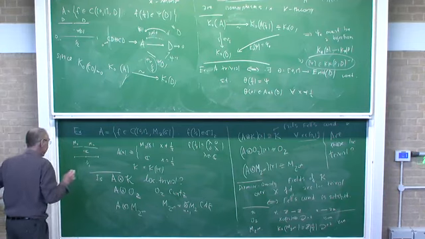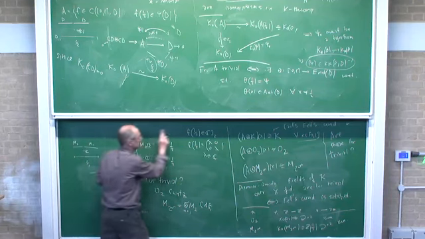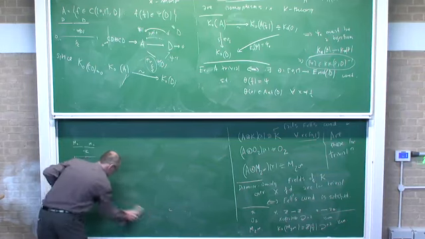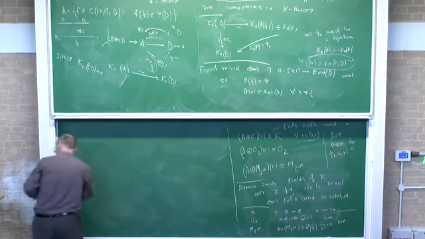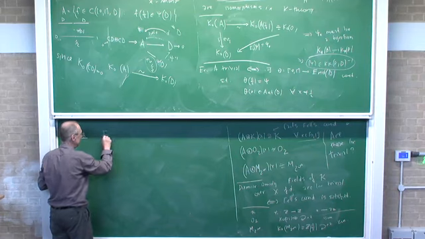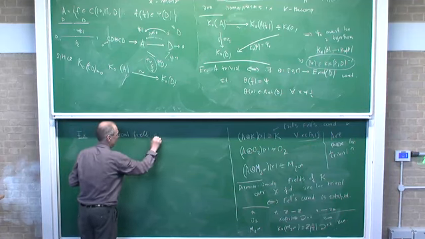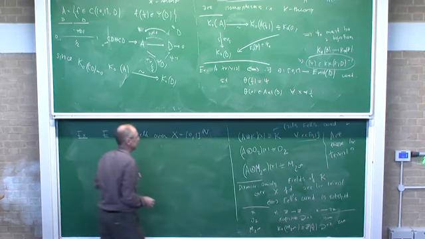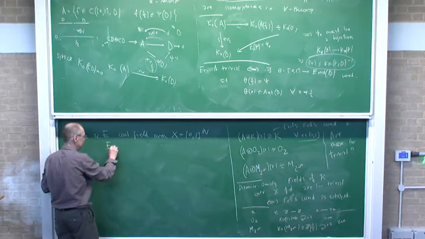All right, but now I want to close with another example. Okay, so E would be a continuous field over X. X would be the Hilbert cube. So it's a unitary system algebra.